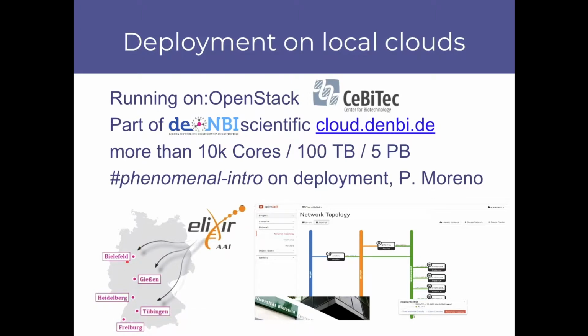Together, all these cloud sites have more than 10,000 CPU cores, more than 100 terabytes, and that's not disk space, this is RAM memory of all these nodes, and a total of 5 petabytes of storage. How the deployment works was mentioned by Pablo yesterday, and I'm now proceeding to the online demo.